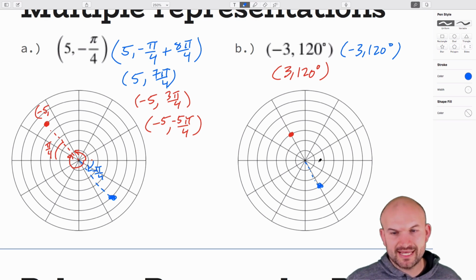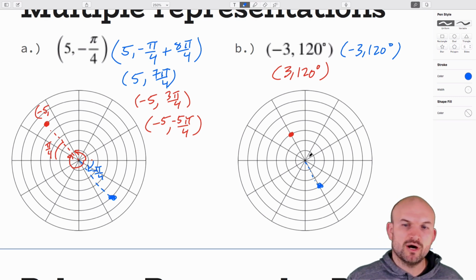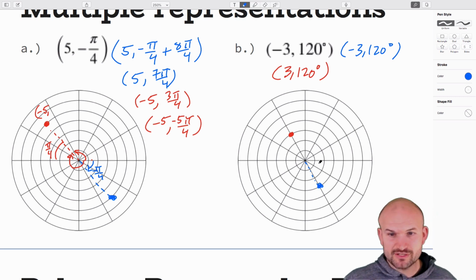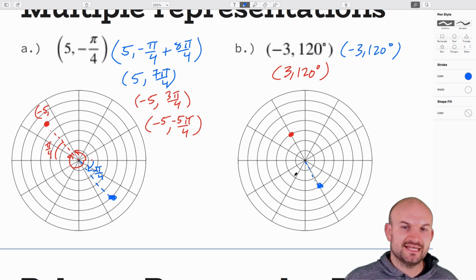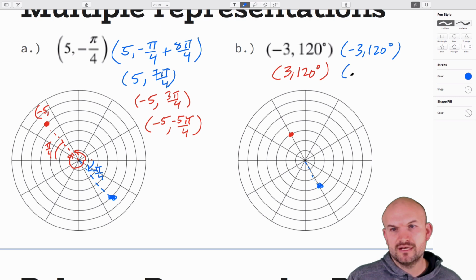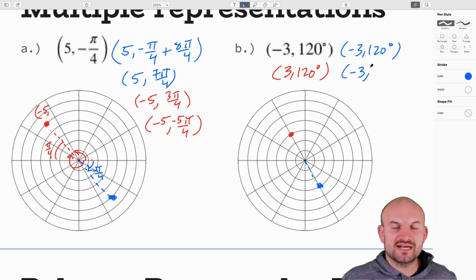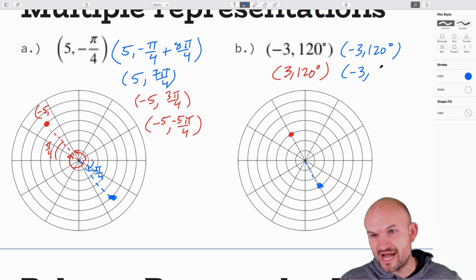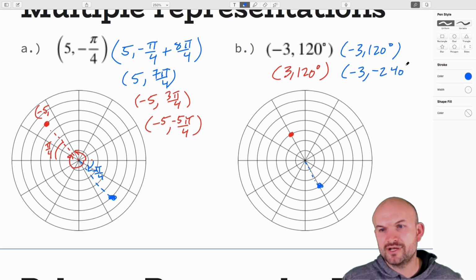What is another way that I could represent that? Well, if this is a negative 120, I could also do the negative version of that, right? So I could do negative 3 and say, how far is that going to be from 180, or just subtract? And that'd be negative 240 degrees, right?